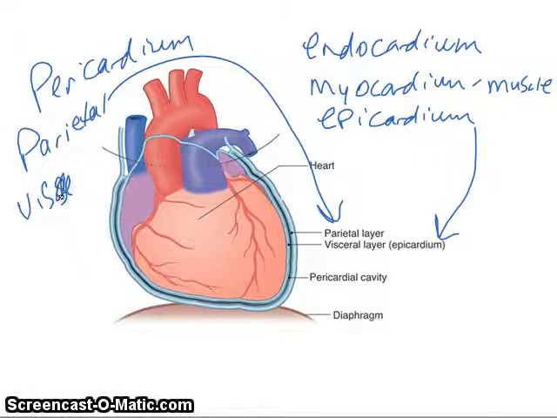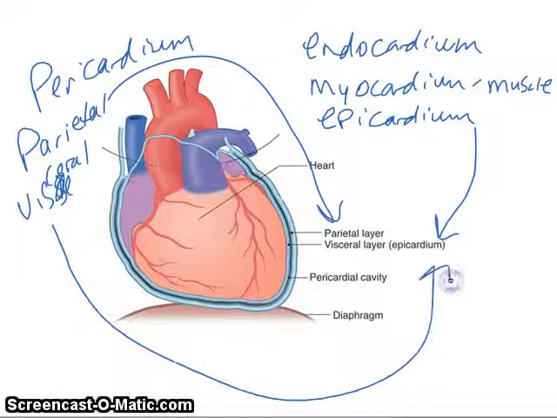V-I-S-C-E-R-A-L. The visceral layer, that's the inner layer. So again, the parietal layer is the outer layer, the visceral layer is the inner layer, and that visceral layer is also considered the epicardium. Between those two layers is the pericardial cavity where there is pericardial fluid.